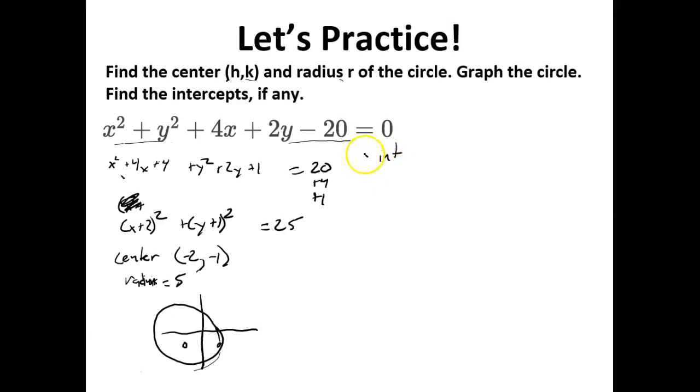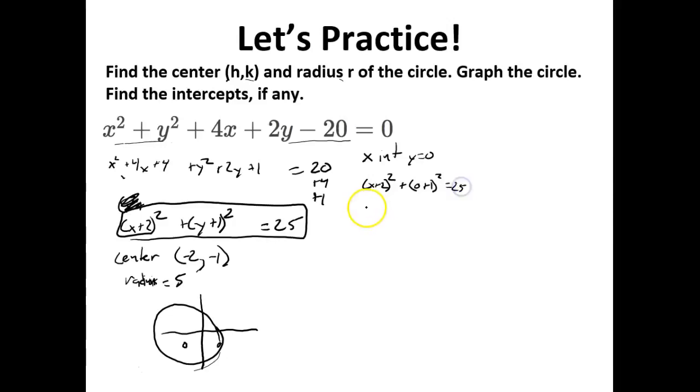For the x-intercept, that's where y is going to equal 0. So in this equation right here, when y is 0, we'd have (x + 2)² + (0 + 1)² = 25, or (x + 2)² + 1 = 25.